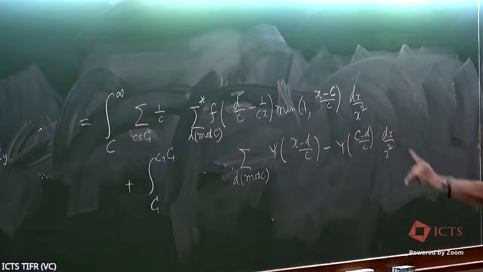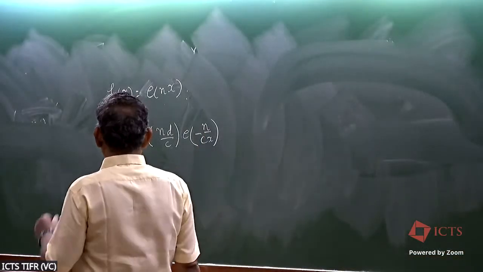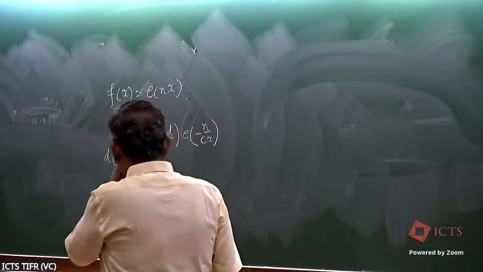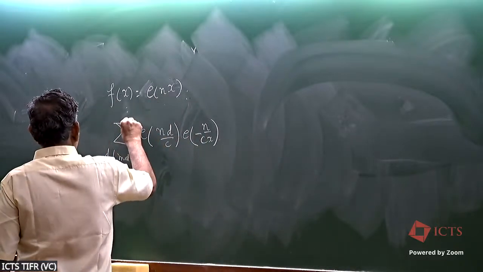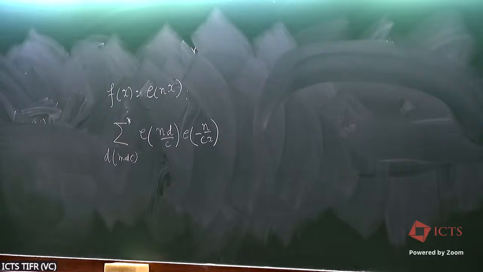And then I can simplify that funny thing, which is the summation over d mod c of e(nd by c) into e(minus n over cx). That summation is what we want to do.